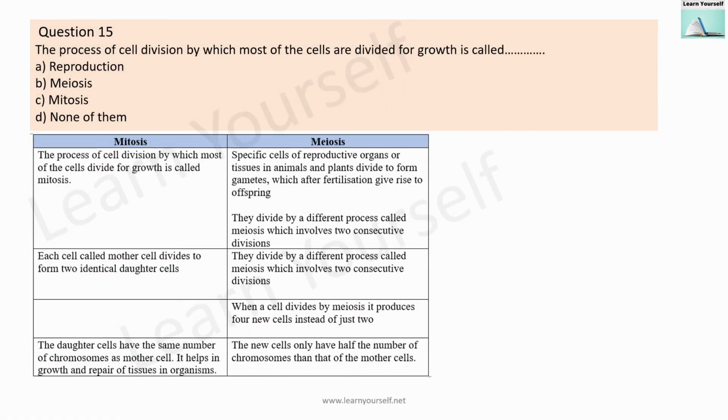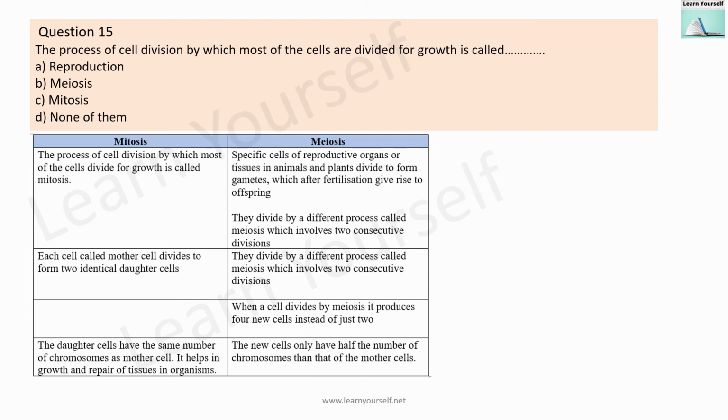Question number 15. The process of cell division by which most of the cells are divided for growth is called: reproduction, meiosis, mitosis, none of them. So let us first understand the difference between mitosis and meiosis. What is mitosis?